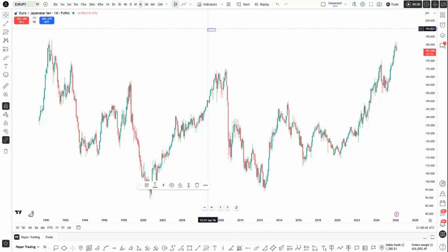So let's look at the structure of EURJPY on a monthly time frame, Shavyfxhub.